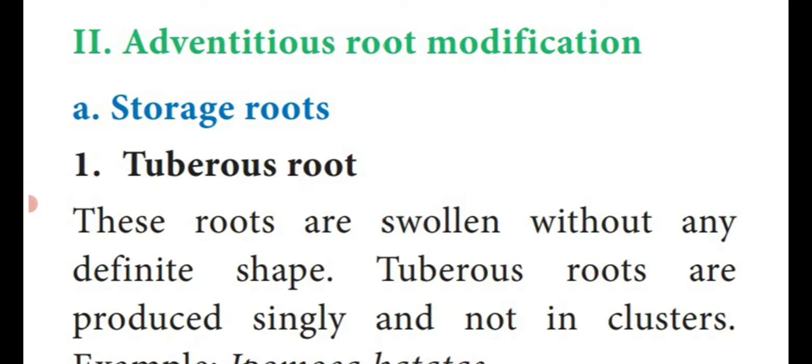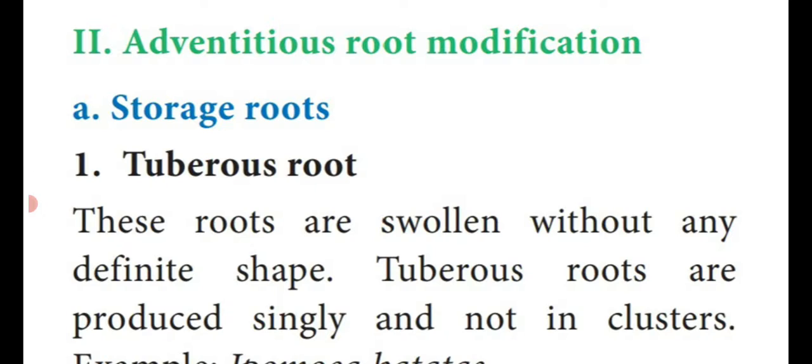First, we are going to see the storage roots. Storage roots means adventitious roots which store food material, and the shape is modified into different forms. Based on the structure, the storage roots are divided into different types.